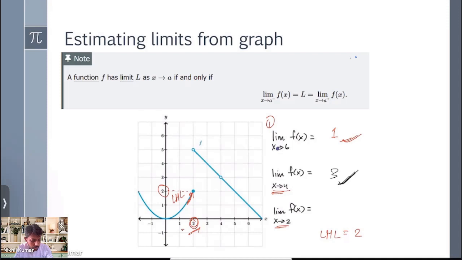All right, so let's take a different color now, and this time we want to approach this x equal to 2 from the right hand side. That means from this side. If I want to approach it from this side, what value am I approaching? So the right hand limit, you can see, is 5 if I approach x equal to 2 from the right hand side.